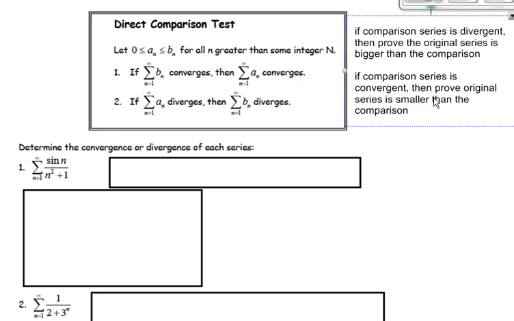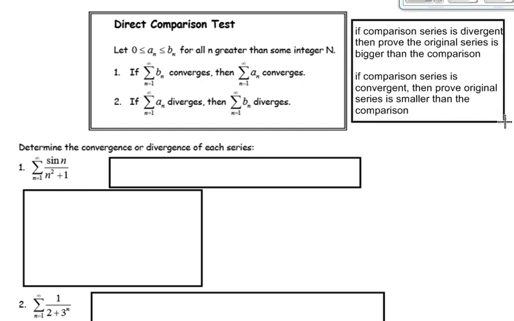Because if you prove that the original series is bigger than a convergent series, then it could converge or diverge. We don't know. Okay, so I like to use kind of this reasoning a little bit better than what is off to the left, which is a little bit harder to decipher. Okay, so let's see how this works.